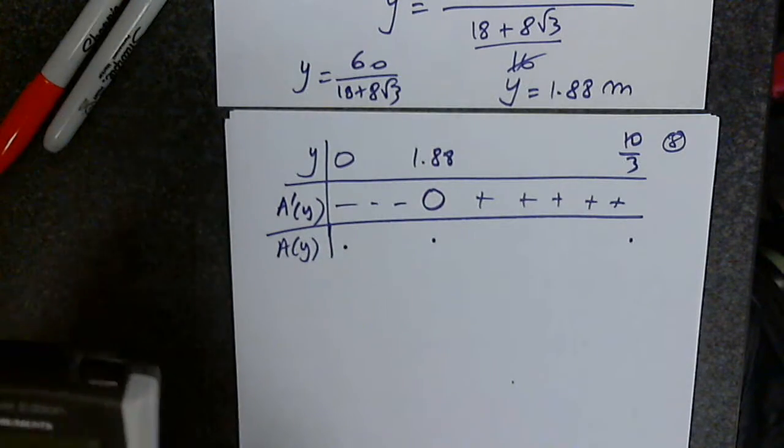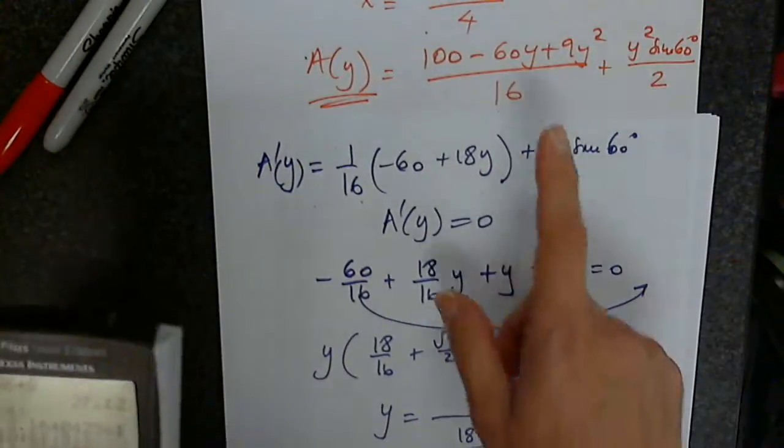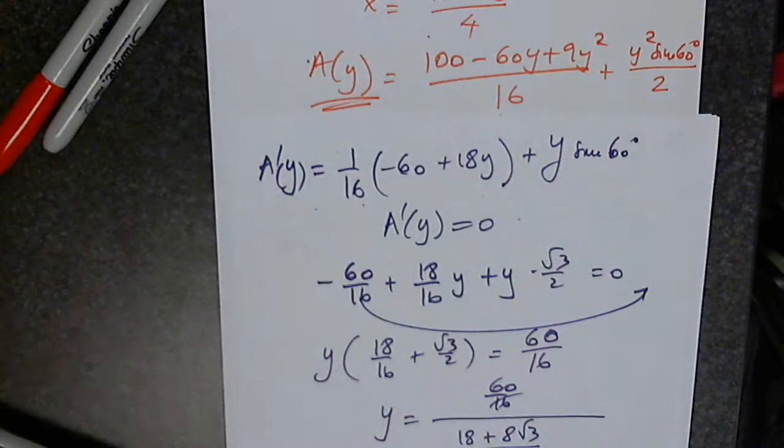So with the calculator, here it is. Let me do this, it's easier now. So, parentheses, 100 minus 60x plus 9x squared. Close the parenthesis and divide by 16 plus x squared.